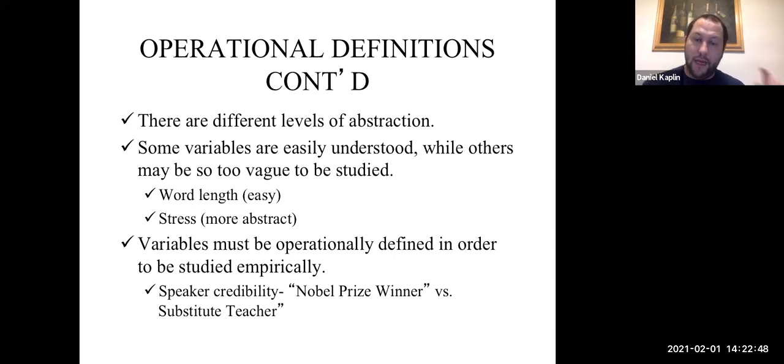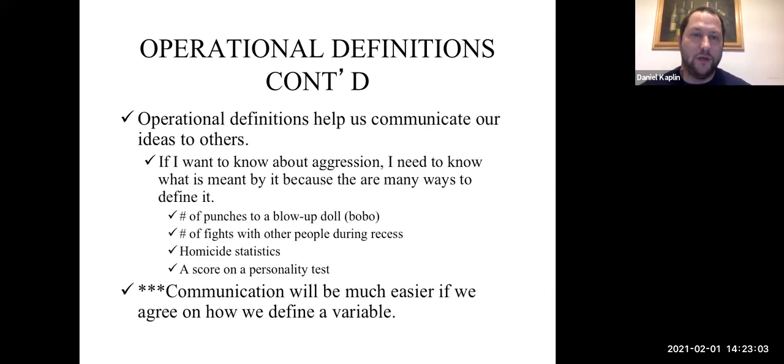But notice how we're manipulating at baseline, even before we give the essay and they read the essay, we're manipulating who wrote it. So we have to be clear both on the dependent variable and the independent variable, how we're measuring and manipulating. So it also helps us communicate our ideas with others. So if I wanted to know about aggression, I need to know what people are talking about.